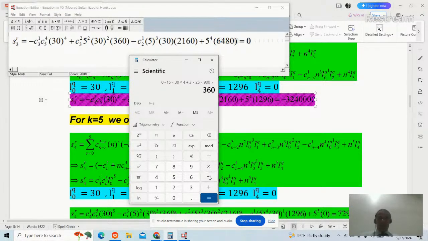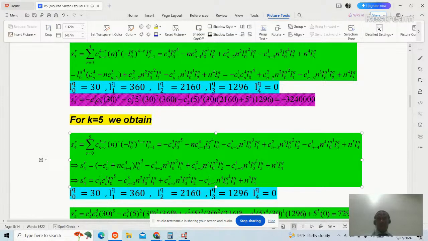Minus 2 times 125 because 5 cubed, times 30 times 2160, plus 5 to the power 4 is 625 times 6480 equal 0.